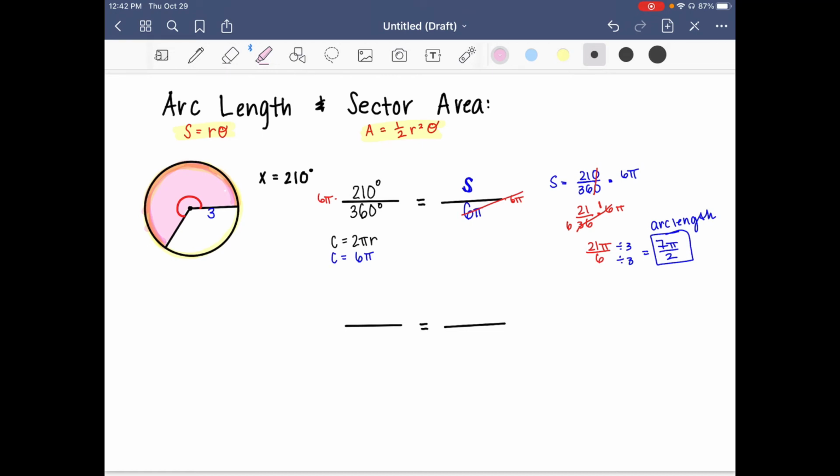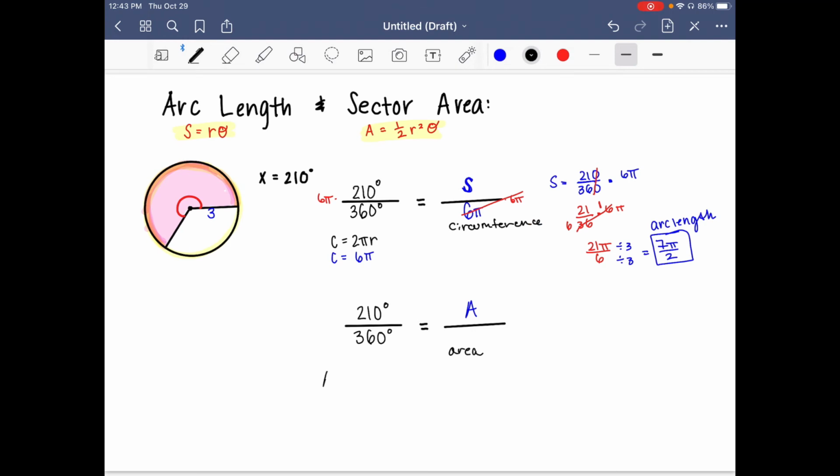So it's still proportional. I'm still going to have 210 degrees out of 360 degrees, but I'm just going to ask myself what fraction of the area belongs to this sector area. So instead of using the circumference down here, I'm going to use my area of the circle.